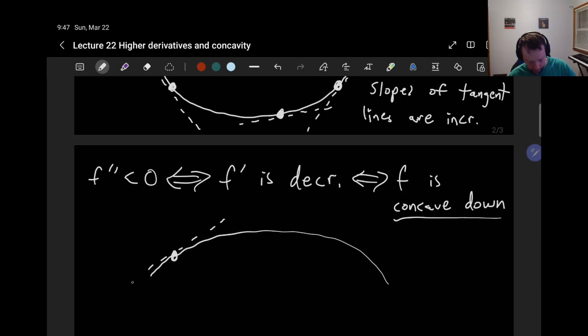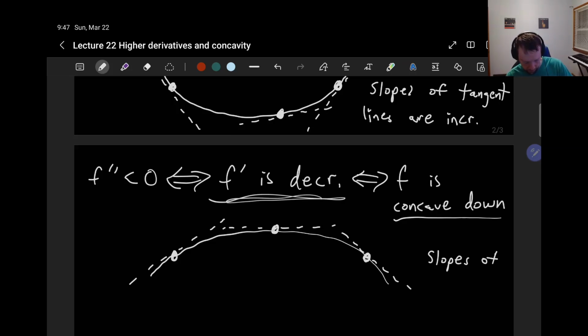Like over here on the left, I've got a nice positive slope. Well, at this point, it flattens to 0, roughly. And as we keep moving along, we're now having negative slopes. So the slopes of the tangent lines are decreasing, which means the derivative f prime is decreasing.